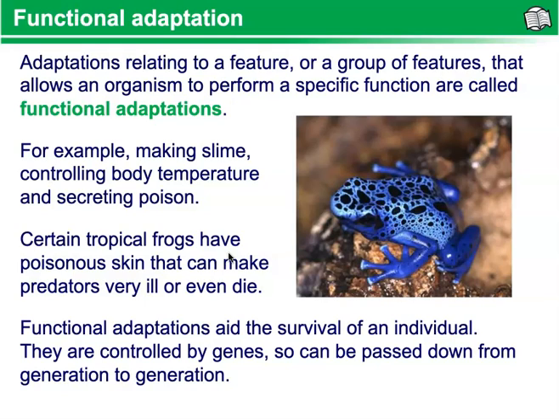Some of those frogs have poisonous skin that can make predators very ill or even cause them to die. Functional adaptations aid the survival of an individual. They are controlled by genes, so these things can be passed down from generation to generation.